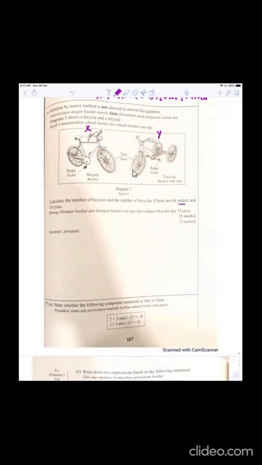So we see the pedals. Bicycle has 2 pedals, and this also has 2 pedals, so 2x plus 2y equals 64. So this is the first equation. Let's see the second equation, tires. Here you have 2 tires, so 2x, and this one is 3, so 2x plus 3y equals 74.